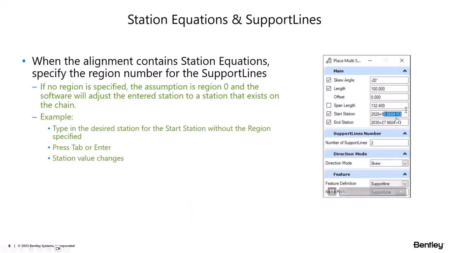Notice when I click in here, I type in a station and I hit tab or enter, it's jumping to a completely different station. But if I put the region afterwards, I can force it to honor that region and the stationing doesn't change on me as I type it in.